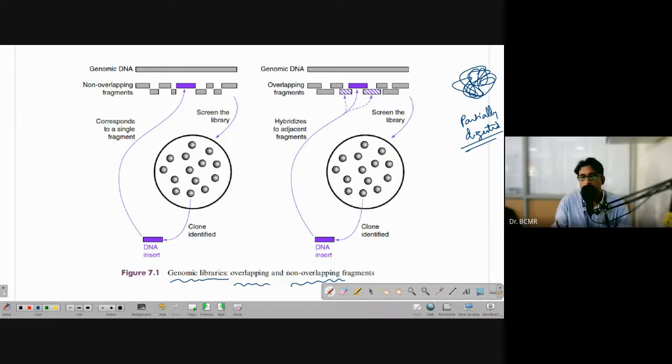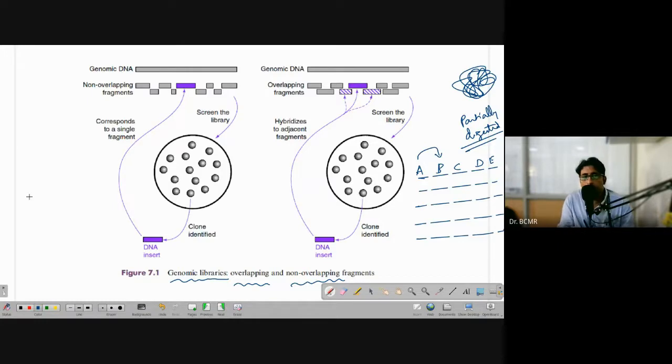We partially digest so that, if each of these lines indicates the genome, and if we make full digestions, all of them would be cut in this way. And there is no way of knowing which fragment or gene comes after which, for example A, B, C, D, E. There is no way of figuring out how A is beside B.